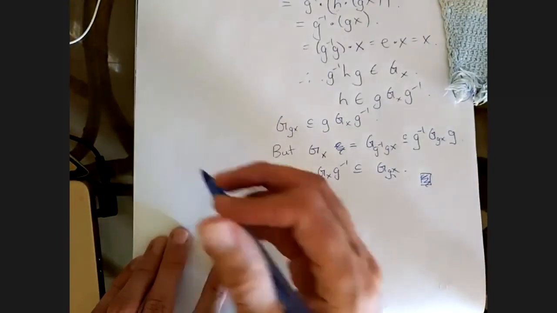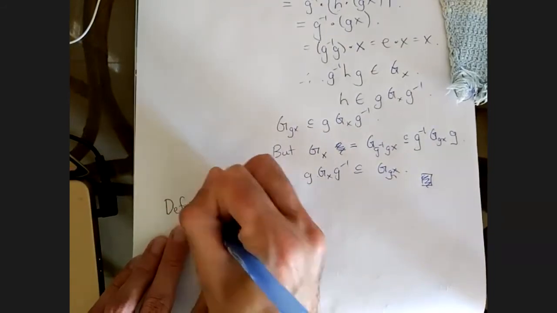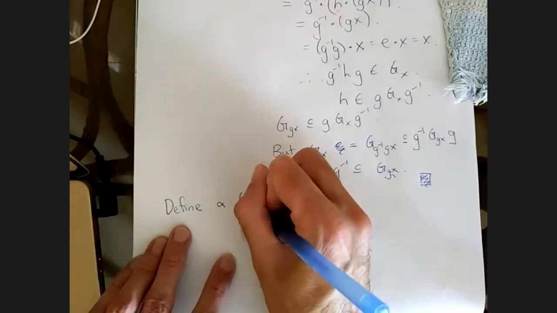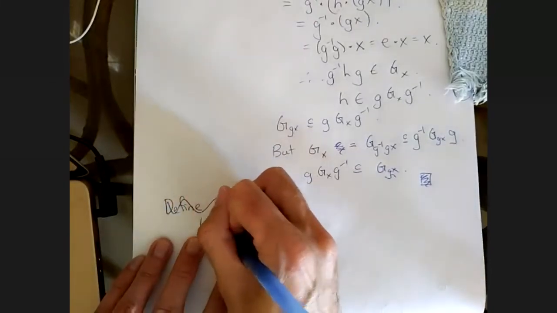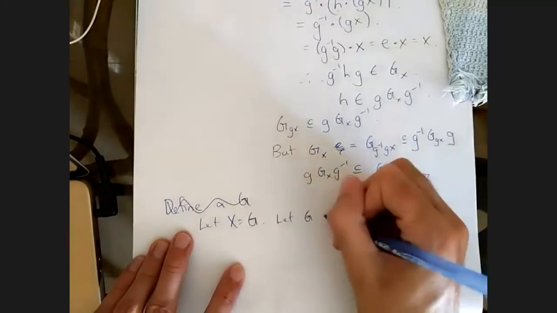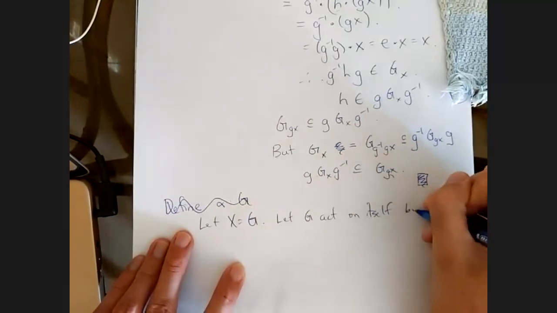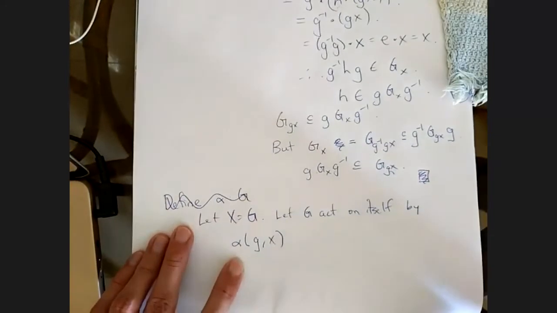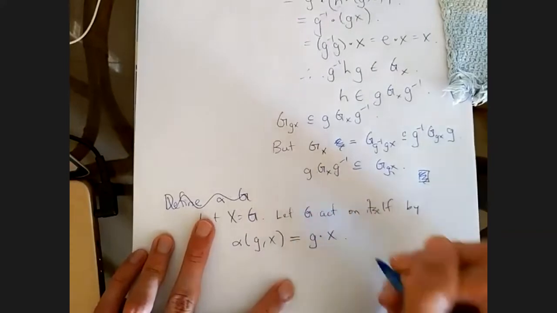Okay, so define. Let me be careful. Let X equal G, and let G act on itself by alpha of g, x equals g times x.